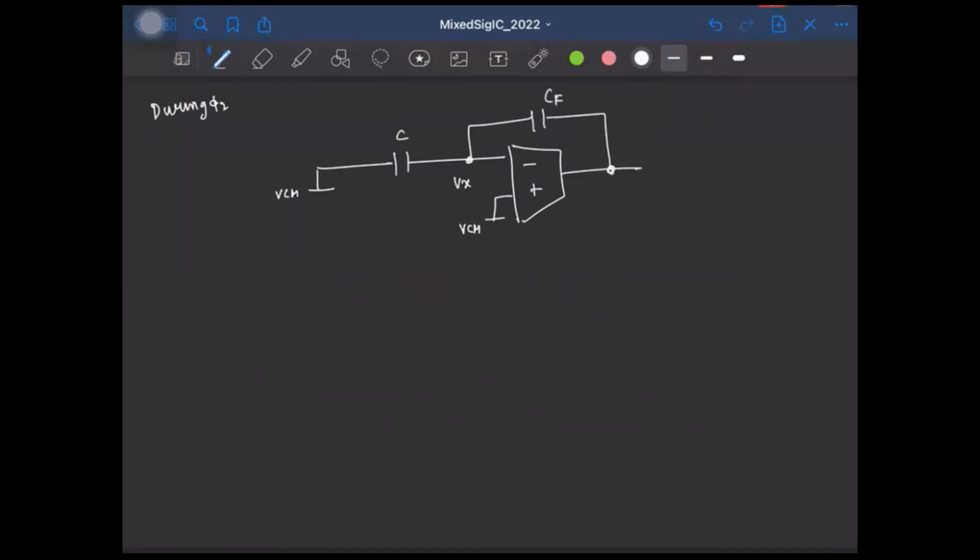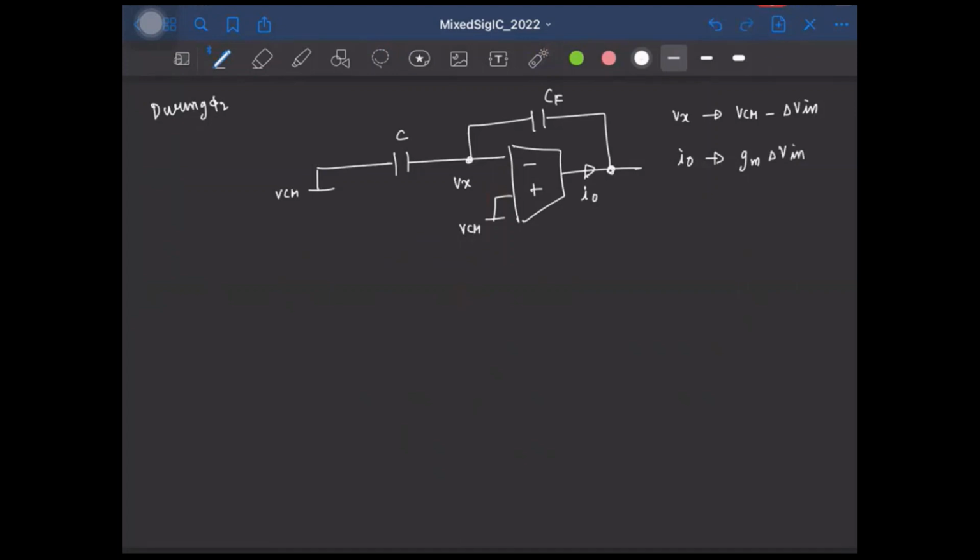Right? And at the beginning of phase phi 2, we saw that Vx will jump to VCM minus delta Vin, and the current I0, how will it look like? It will initially jump to Gm times the difference between these two voltages, that is simply delta V, right? So the current will jump to Gm times delta V.